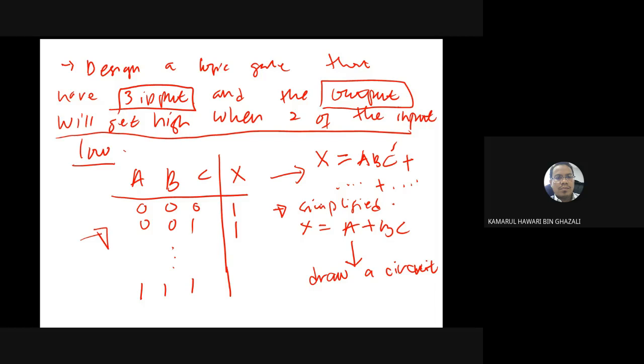It's up to you. If you are good at K-maps, then use K-maps. If not, just use simplification. So that is the question for the design: design a logic circuit to solve the problem.